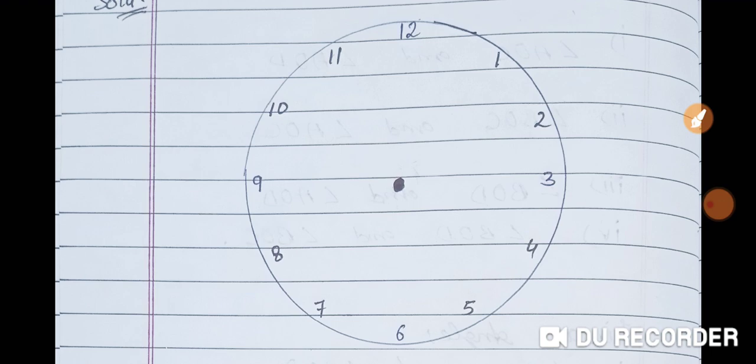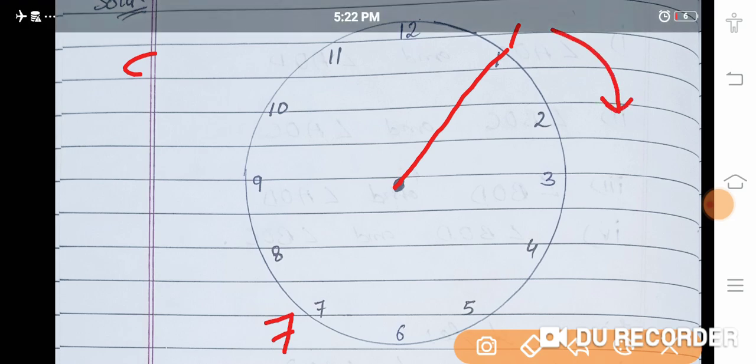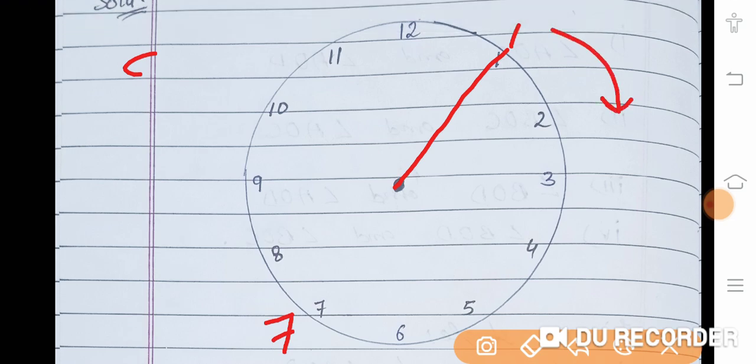Now third one, that is C. For C, you can tell that this is 1 to 7. 1 to 7 you have to move. So please see beta, you started from 1, so at each third, 1 2 3, I told at every third number you will get the 90-degree angle, that is right angle.